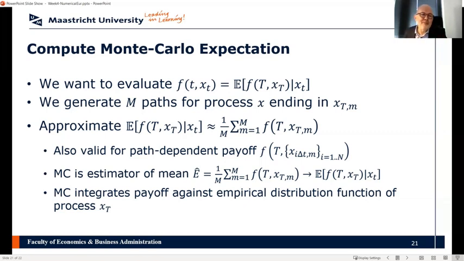Another way of interpreting Monte Carlo, and that makes a connection back to the first integration method, is to say by generating a bunch of paths, I am generating an empirical distribution function of this process X. Another way of looking at this summation is by saying I am integrating the payoff against the empirical distribution function of the discrete approximation with capital M number of paths of this process X. Again, this empirical distribution function converges to the true theoretical distribution function if the number of time steps becomes small enough and if the number of paths, capital M, becomes large enough.